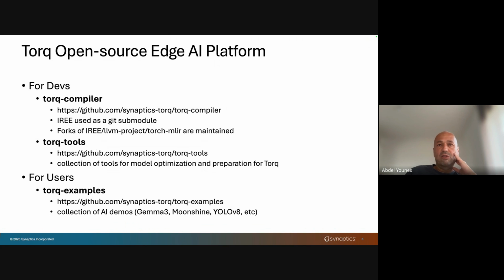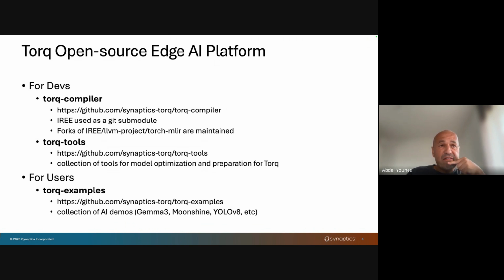It's mostly about ONNX. For example, we have a conversion tool from FP32 to BF16. We also have a tool to convert a dynamic KV cache, for example in Moonshine, to a static KV cache, this kind of thing.